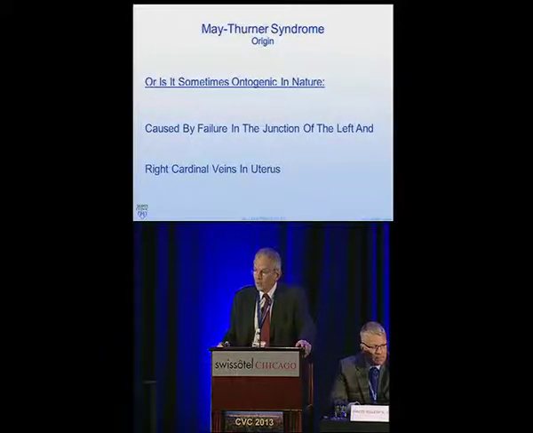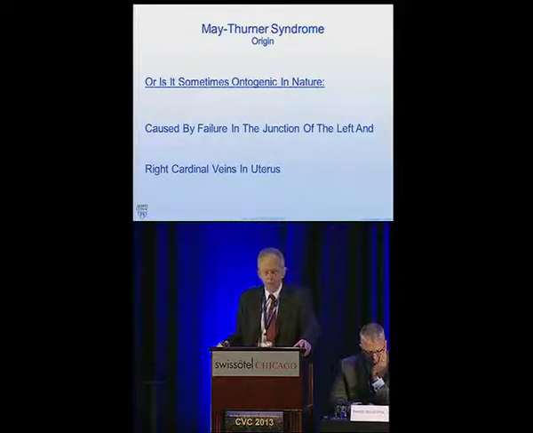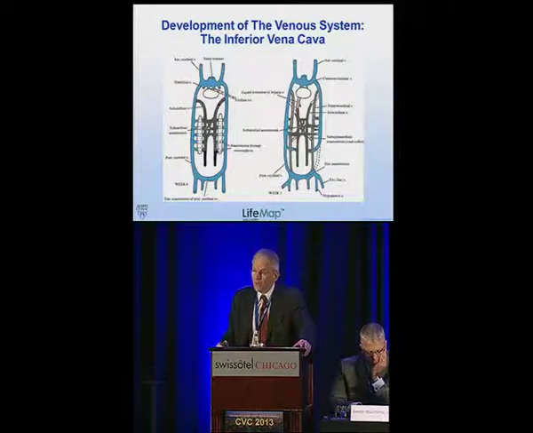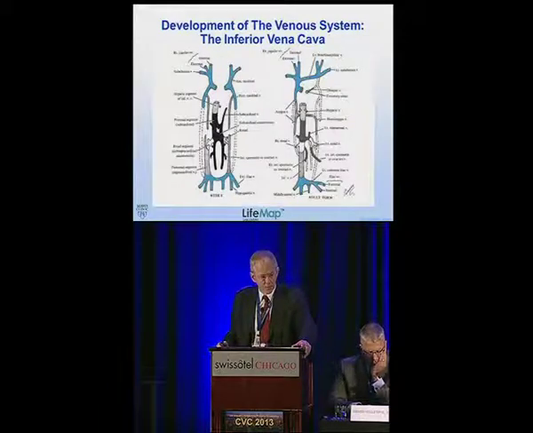Well, is it possible that there could be something else going on? Is it possible it is not only the compression and the subsequent scar formed by the continuous hammering of the vein by the pulsation of the artery against the spine? Is it possible that if you go back into the embryology and think about how the cardinal veins and the merger of the right and left and subsequent development of the left and right common iliac veins has something to do with this?